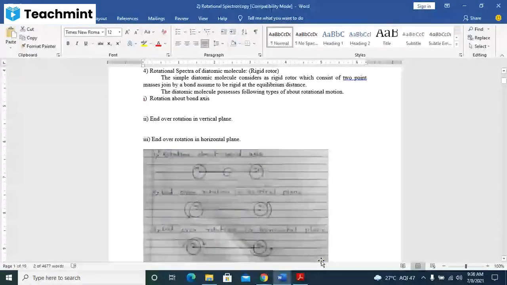See, the arrows have represented over there. Vertical में कैसे ऊपर जाएंगे, horizontal में जगह की जगह पे वो घूमते रहेंगे. That is, the three types of rotations are possible.